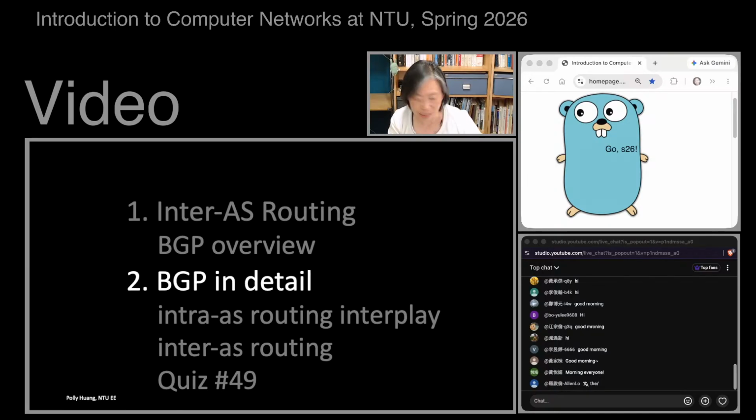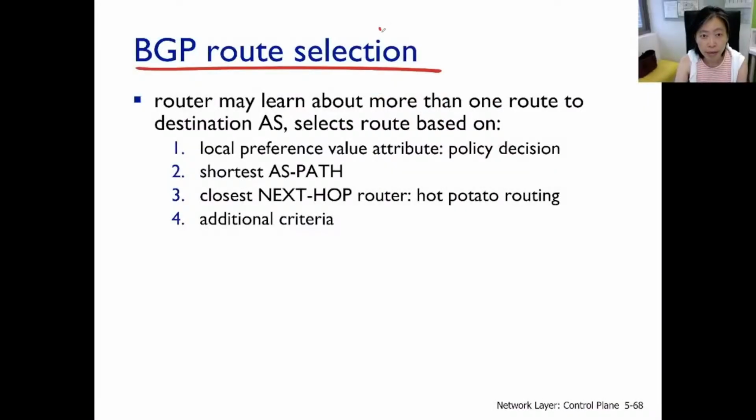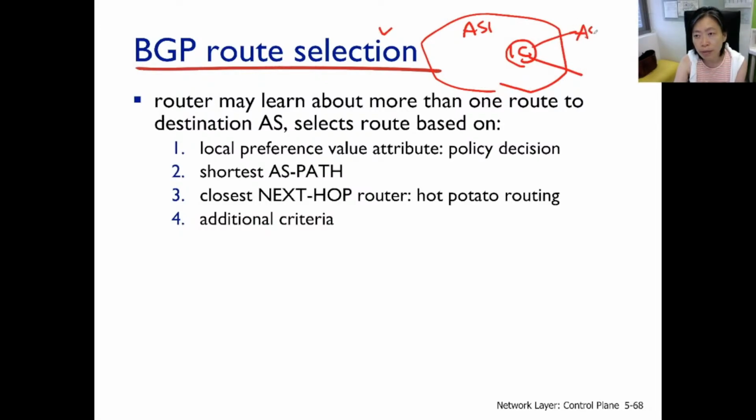Route selection. Now, this mechanism is necessary for slightly more complicated scenarios. Let's go back to example 2 again. We have router 1C being the gateway router of AS1. Towards the end of the scenario, AS1 discovers 2 AS paths to destination X, one from AS3, the other from AS2 and then via AS3.